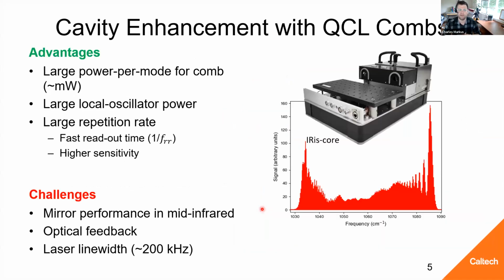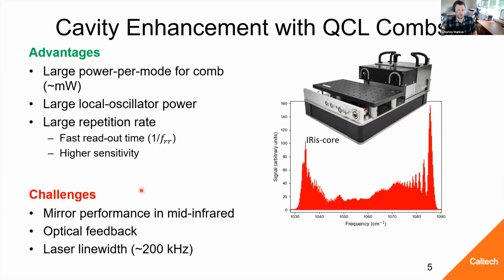There are a lot of advantages to doing, for example, a dual comb measurement using one of these QCL dual comb systems, in that you have a very large amount of power per comb tooth. We're talking milliwatts, which is huge for a frequency comb experiment, which also grants you a large local oscillator power. So the comb that's reading out also has a lot of power, meaning that your signal scales with that, and you can make very sensitive measurements.